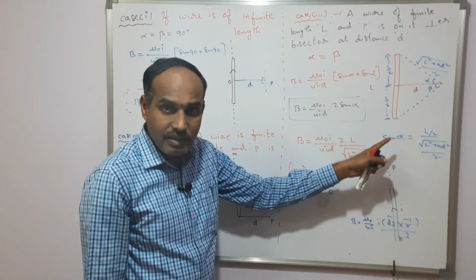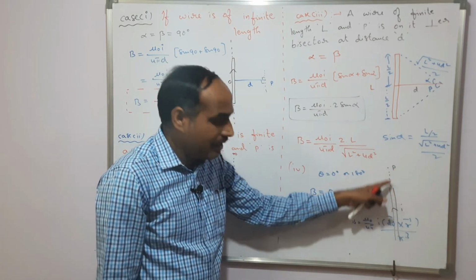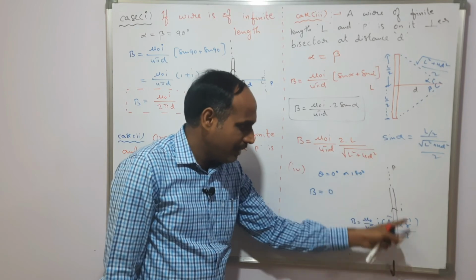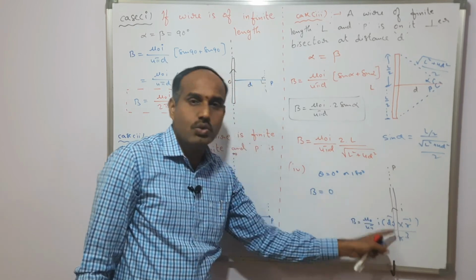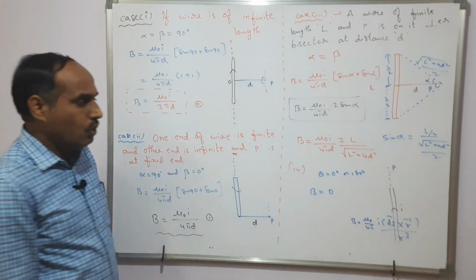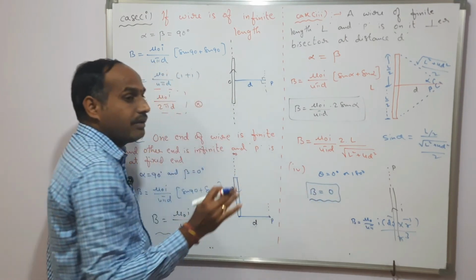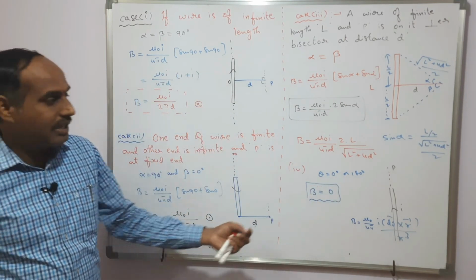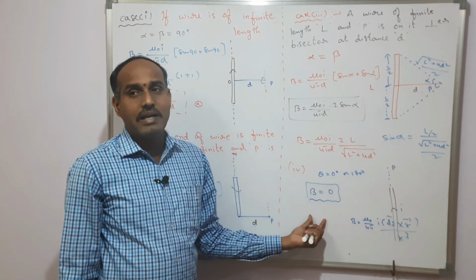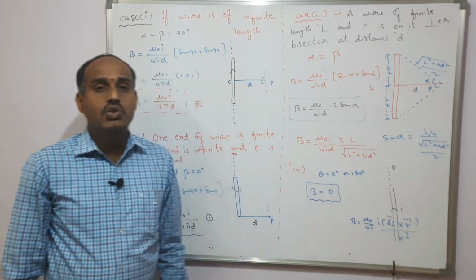When the length element of the conductor and the radius vector are both along the same direction, the cross product of these two parallel or anti-parallel vectors is 0. You should keep in mind that this is a very important one. Whenever the point lies along the length of the conductor, the magnetic field induction at that point is 0.